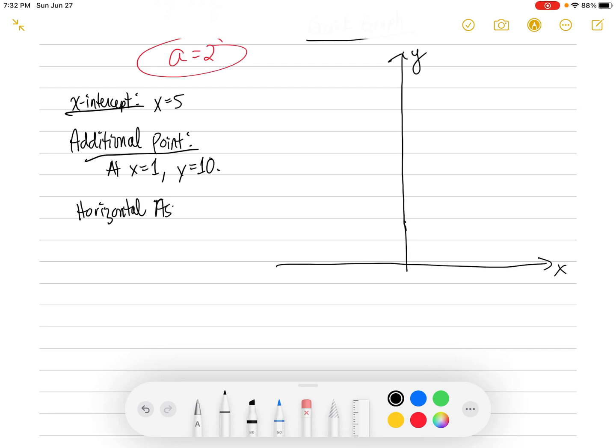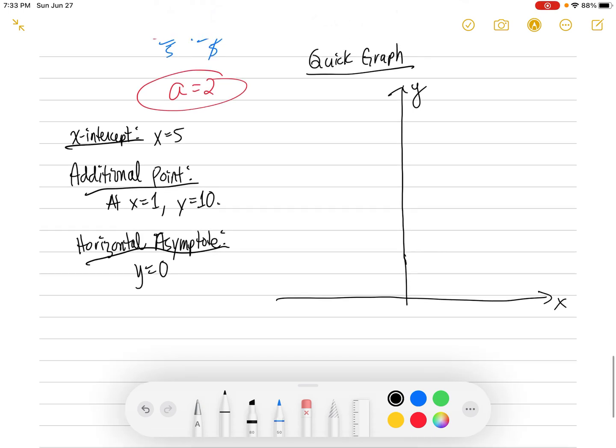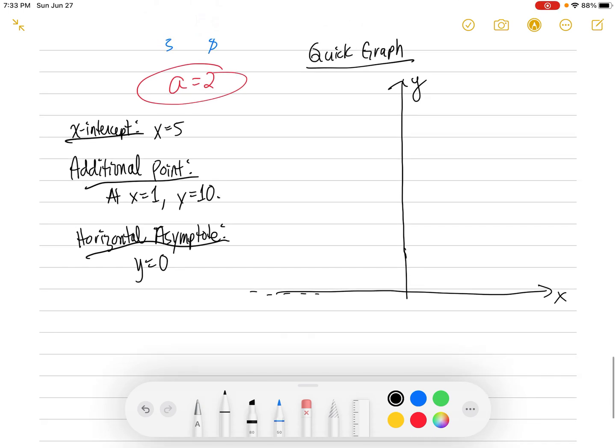And then you have to remember that there's a horizontal asymptote for a typical exponential function, one that hasn't been shifted anywhere. Later we'll do some shifts, but there's always a horizontal asymptote at y equals 0. So those 3 things are all you really need to graph an exponential function: the intercept, one additional point, and the horizontal asymptote.